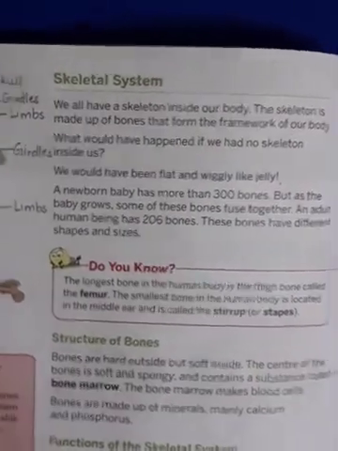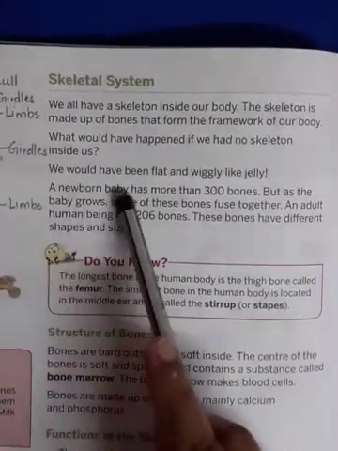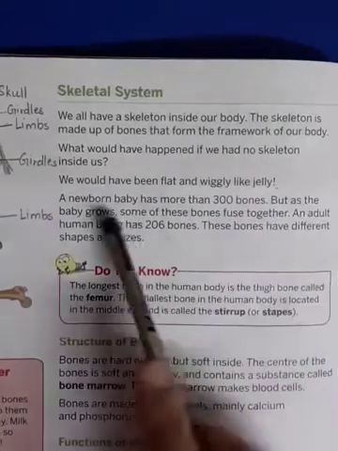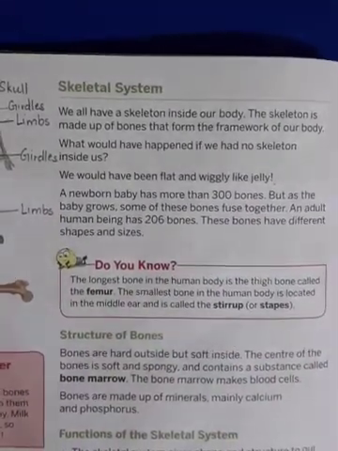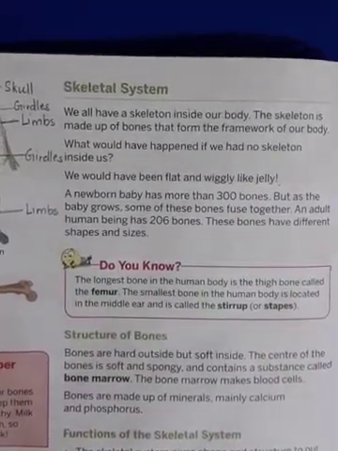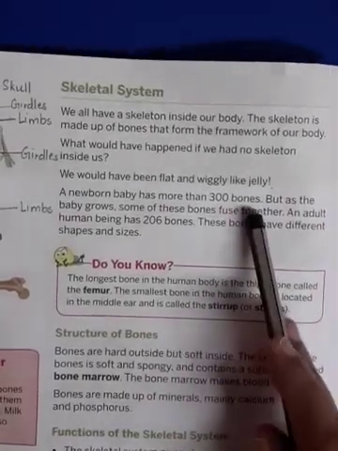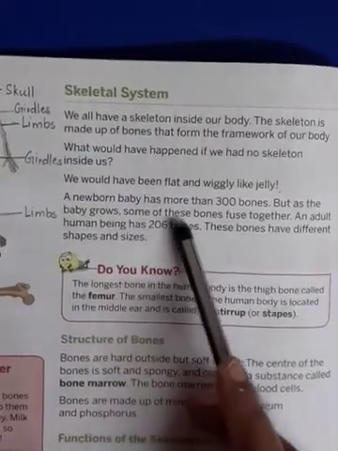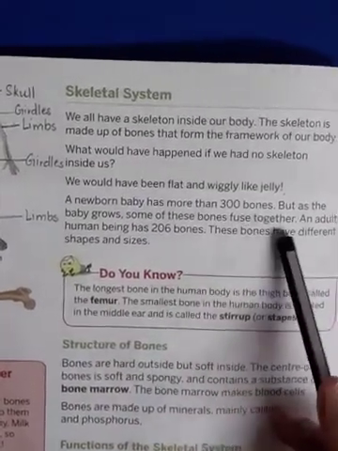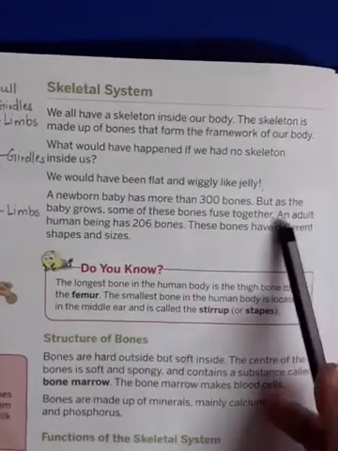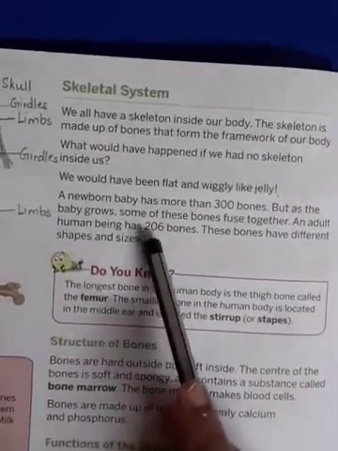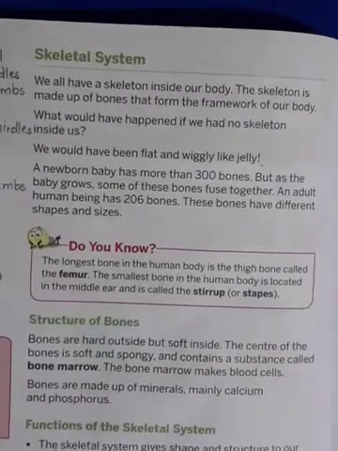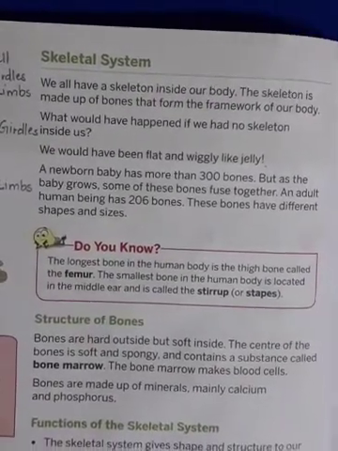Now, a newborn baby has more than 300 bones. But as the baby grows, some of these bones fuse together. An adult human being has 206 bones.